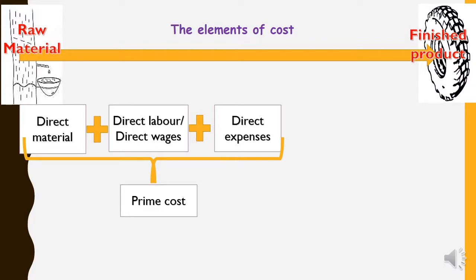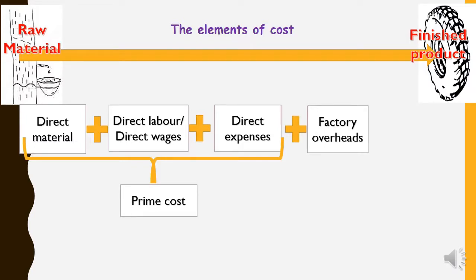After that, we take the prime cost plus the factory overhead. What is factory overhead? Indirect expenses to the factory. Direct material, direct labor, direct expenses are costs that we need to pay whenever we run a manufacturing company. And we do have factory overheads.